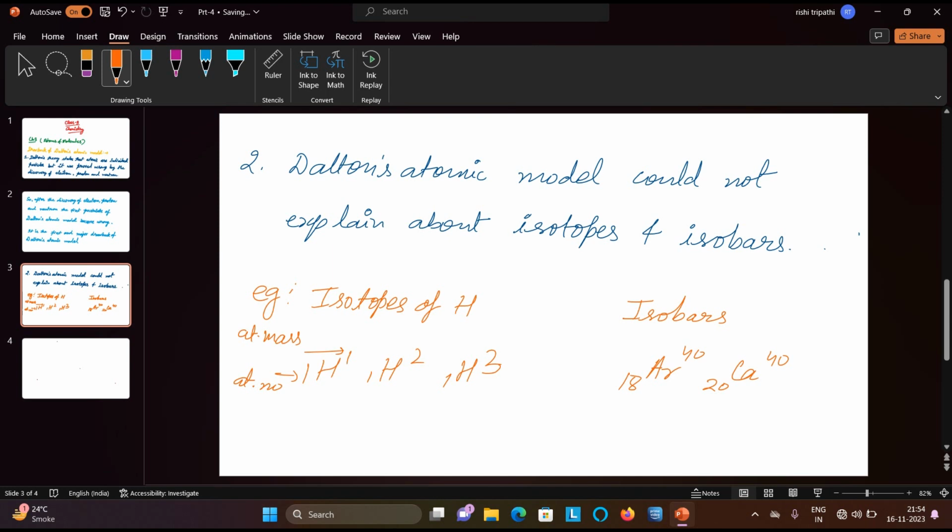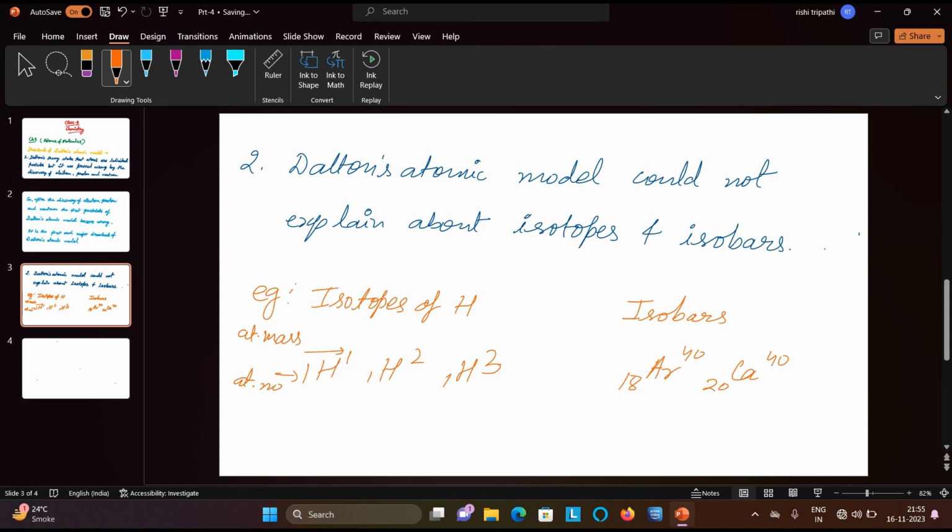But the fourth postulate of Dalton's atomic model was that atoms of different elements will have different masses and chemical properties. So when isobars came into the picture, the fourth postulate became wrong.